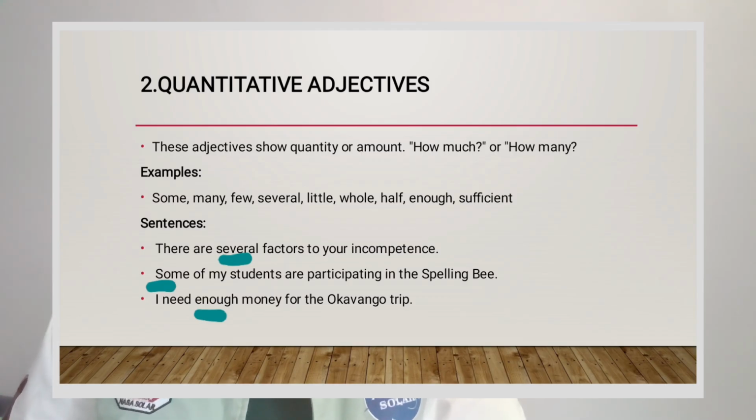We move on to the next type of adjectives, which are quantitative adjectives. These show quantity or amount, as in how much or how many.